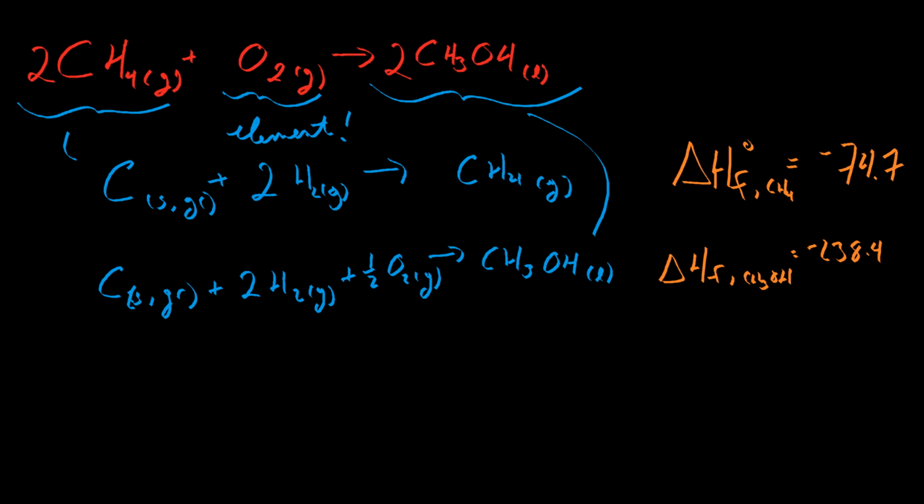So 1/2 oxygen is perfectly kosher for the standard enthalpy of formation reaction that we're looking at here. Another thing to keep in mind is that we're talking about a delta H, a change in enthalpy. So we're looking at the change in enthalpy going from reactants to products, but the reactants are, by definition, enthalpy 0, which means that the delta H of formation for methane and methanol, as written here, is the enthalpy of the compound in question, sort of.